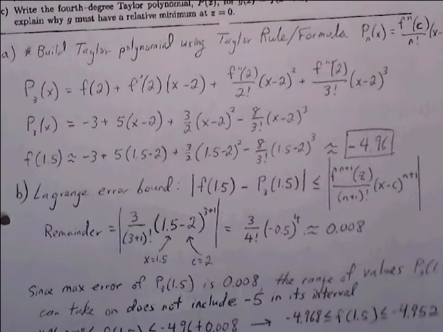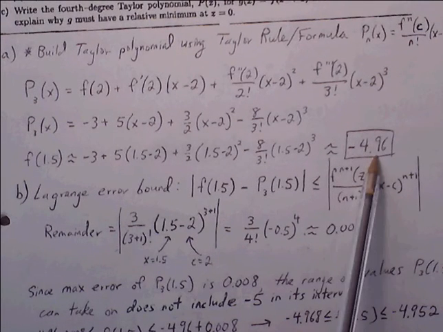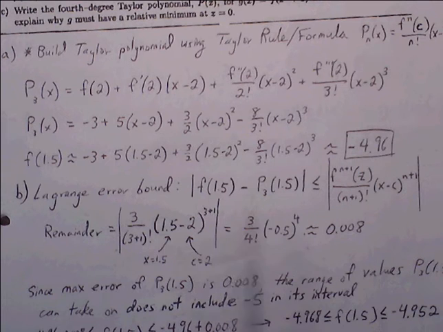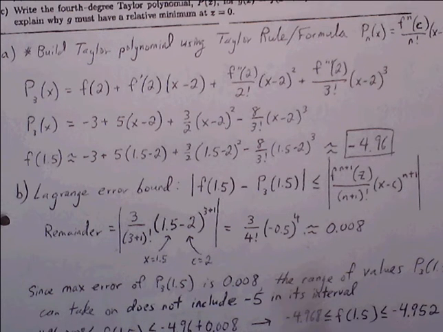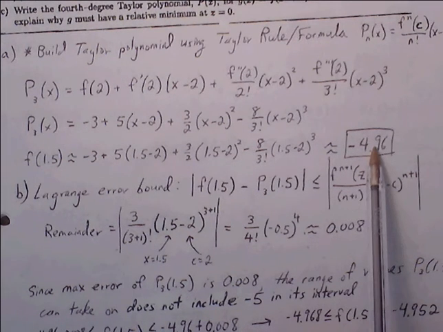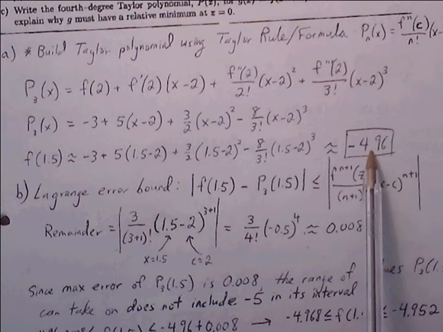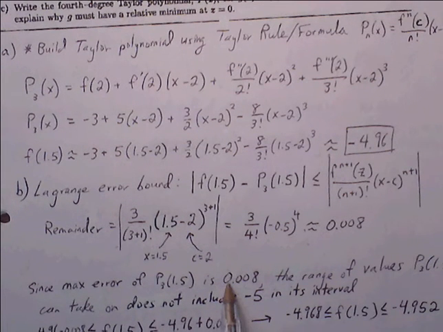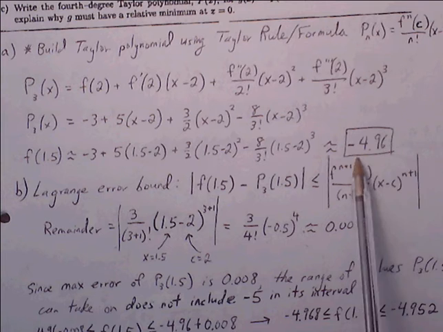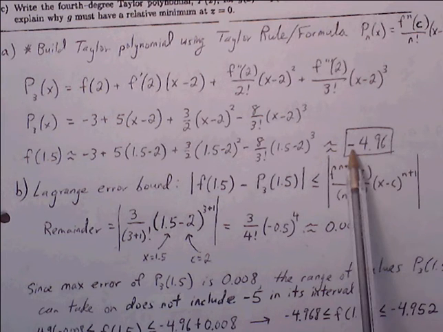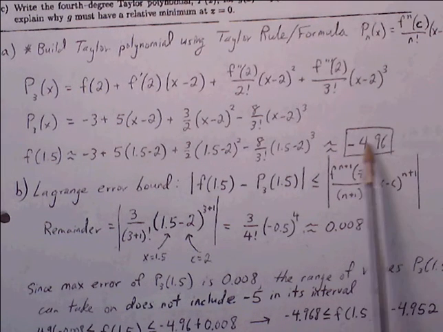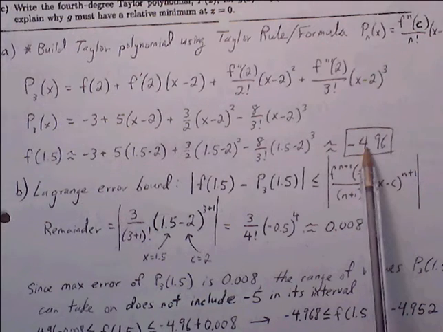The reason why is because our approximation is -4.96, and the Lagrange error bound is telling us that this approximation is accurate up to 0.008. So basically it's saying that the exact value is -4.96, give or take 0.008.